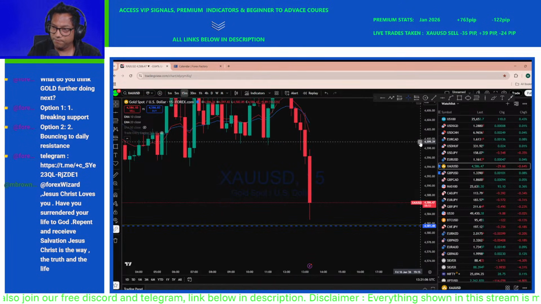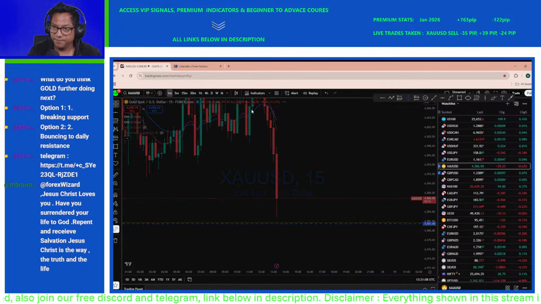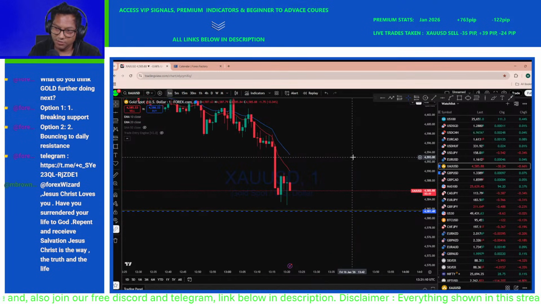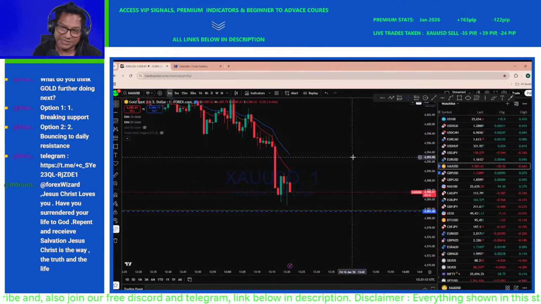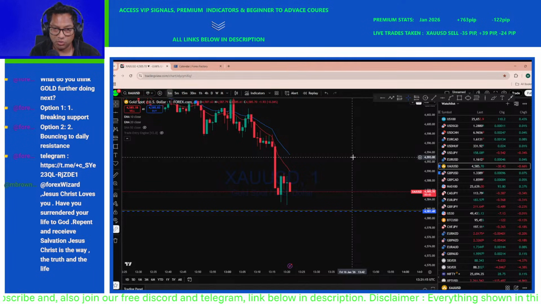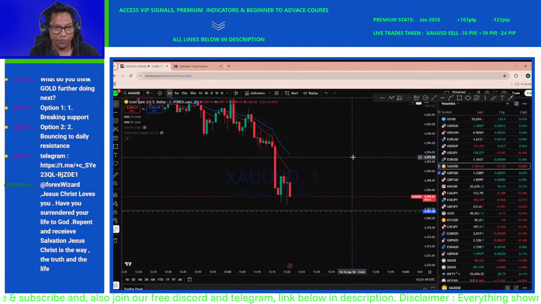Now the market trend is still bearish. You still could see the market fill that gap here.